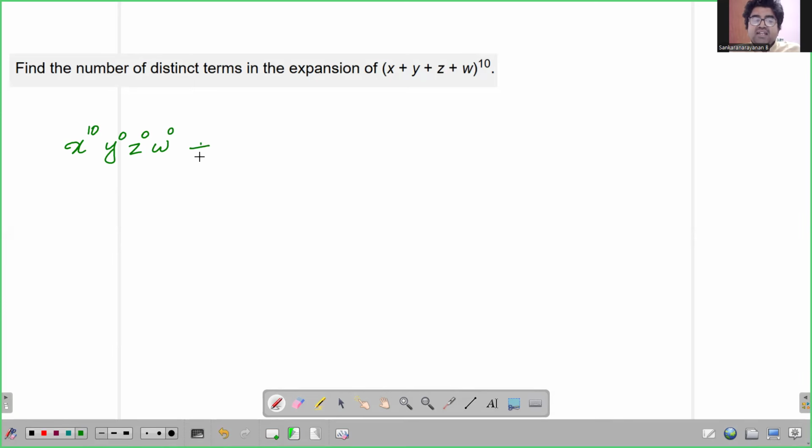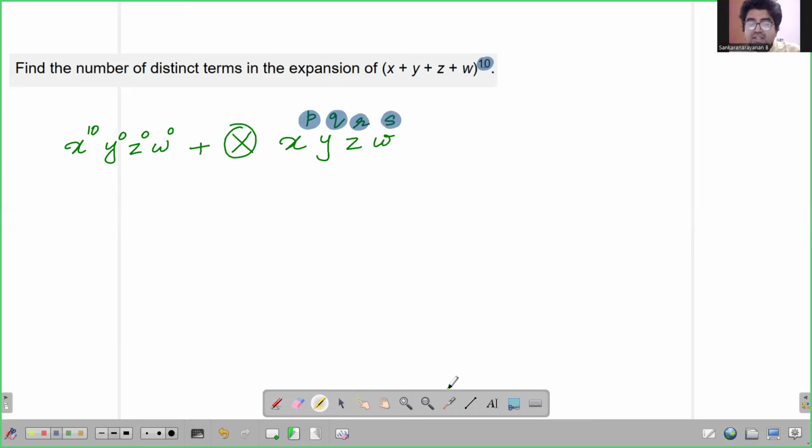Any term you consider will have some coefficient. If I consider x to the power of p, y to the power of q, z to the power of r, w to the power of s, the total of all these powers associated with any term will always be equal to 10.